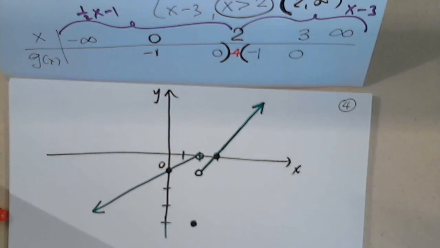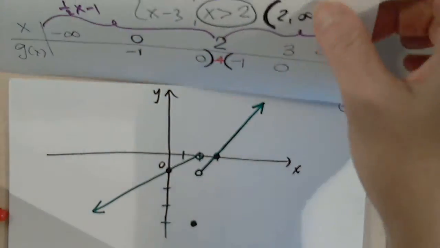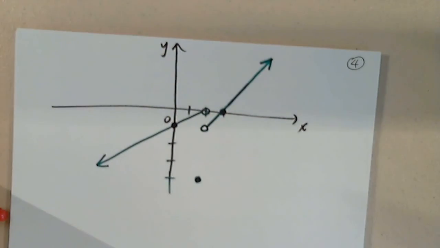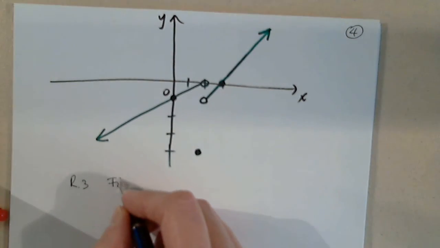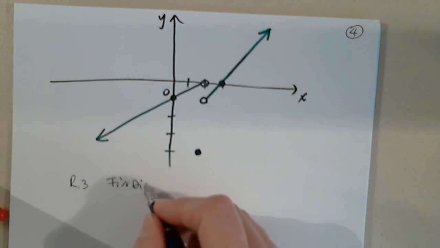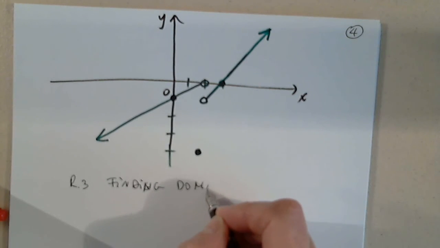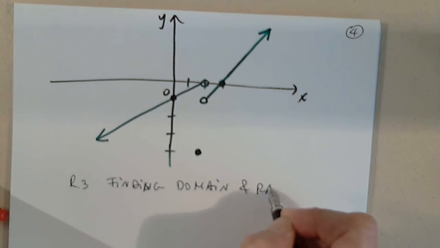Okay. Now, finding domain and range, that is section R.3. So, in R.3, finding domain and range.